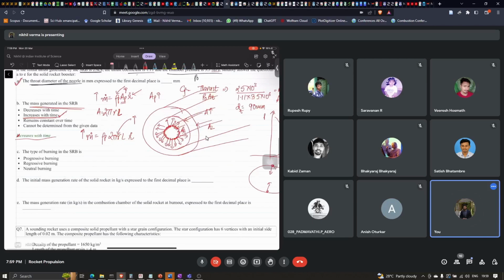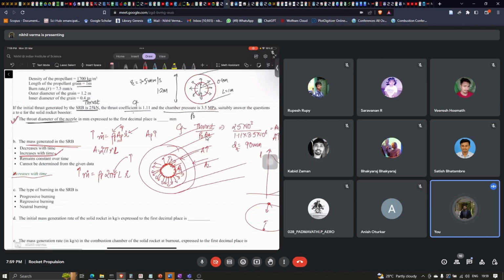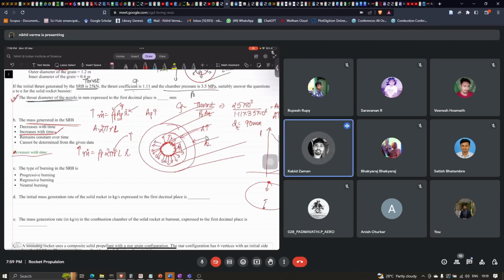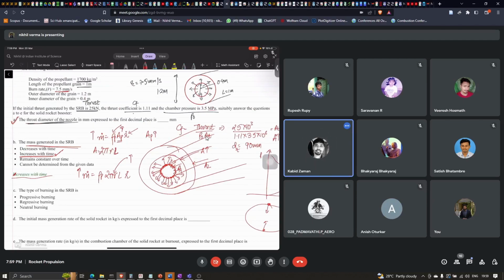Where is n given? N is not given. Okay, it is given that burn rate is this. For n, we need both a and n.